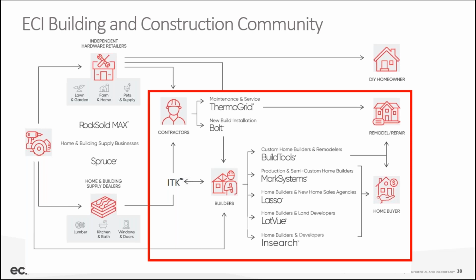ThermoGrid is something that is tied to the existing homeowners, so do-it-yourself homeowners and home repair. Bolt is tied directly to builders. And then when we think about Build Tools right in the middle, that is for the contractors and the remodelers. There are also other products outside the scope of this webinar that really make up the residential home construction community that all of our users come from.